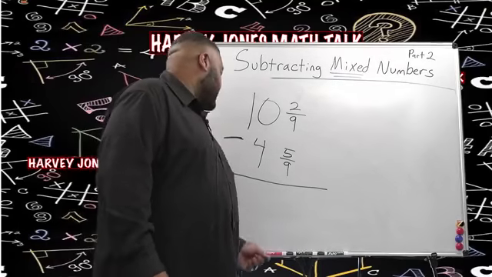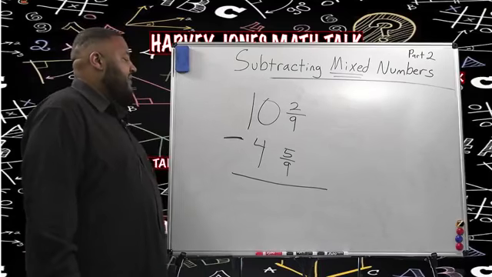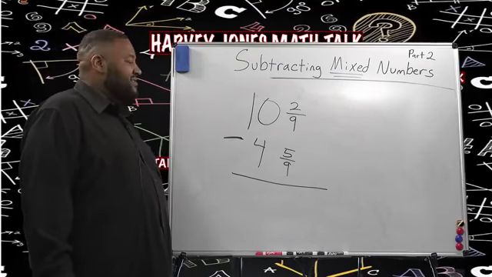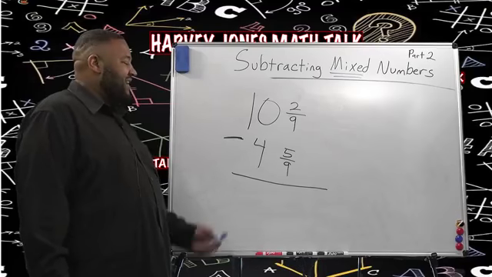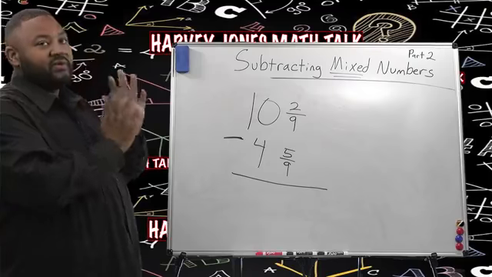What do you want to do with this? 10 and 2 ninths minus 4 and 5 ninths. We're good so far because guess what? Our 9 and 9, which means our denominators are the same. Whew, that's a good thing.